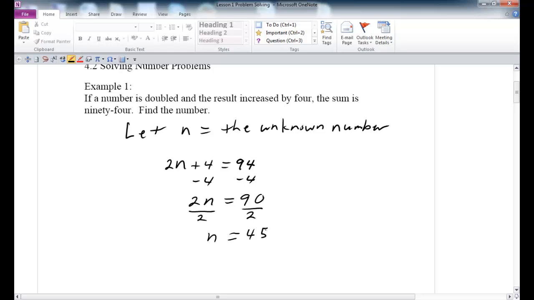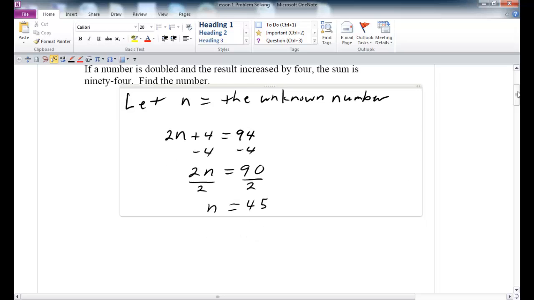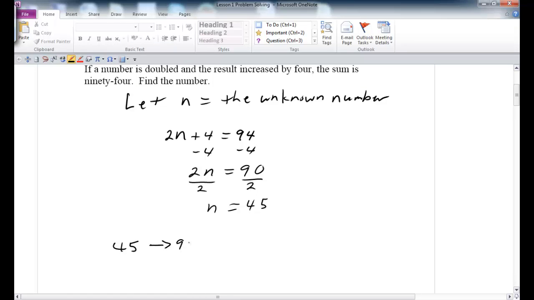The beauty of this unit is we can check all our answers. We said the number N was 45, so let's check that. We said when 45 is doubled, so that'll give us 90. And the result is increased by 4, so that will give us 94. The sum is 94. And so we must have done it properly. Everything's working out beautifully.